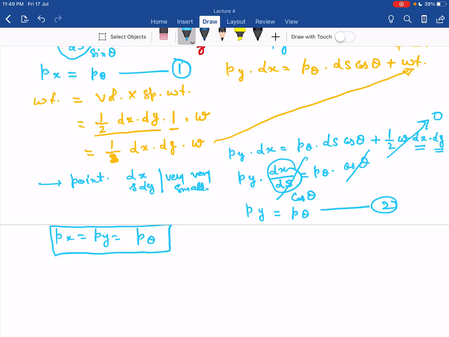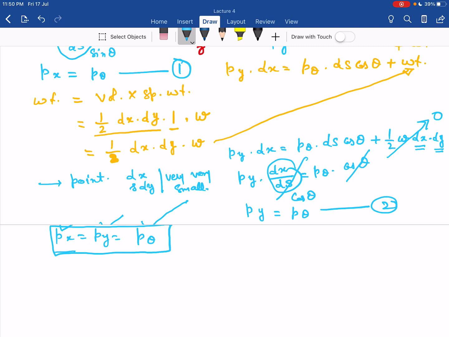Now how do you state this equation? This equation states that at a point the pressure intensity along x direction is equal to the pressure intensity along y direction is equal to the pressure intensity along any other third direction which is at an angle theta.